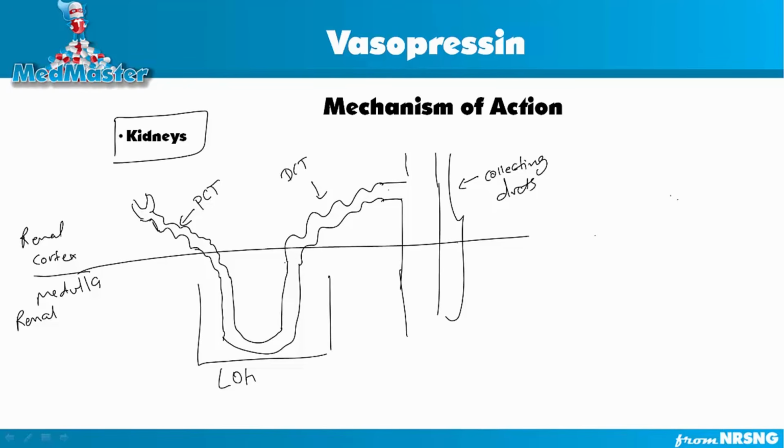Then the hypothalamus sends signals to the pituitary gland, especially the posterior pituitary gland, and tells it to release the ADH. Now when it gets secreted in our body, it comes to the collecting ducts, and what it does is increase reabsorption of water in the collecting ducts.